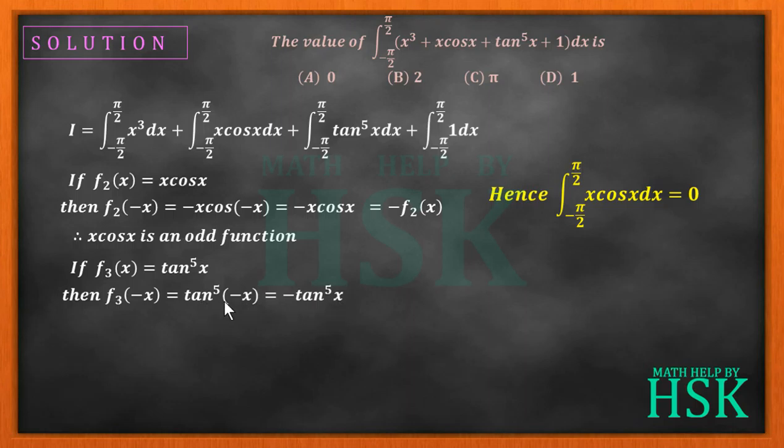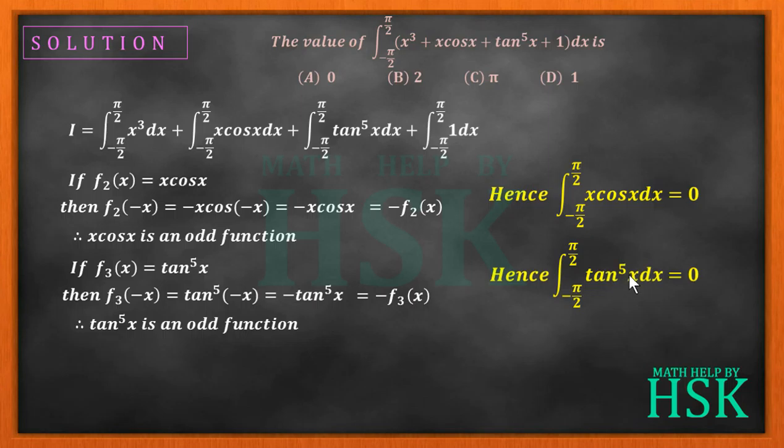As you know, 10 of minus x is equal to minus 10x, and because it is raised to the power of 5, I get minus 10 raised to the power of 5x, and 10 raised to the power of 5x is equal to f3(x), so I get minus f3(x). So this again shows that 10 raised to the power of 5x is an odd function, and hence 10 raised to the power of 5 of x dx from minus pi by 2 to pi by 2 is equal to 0.